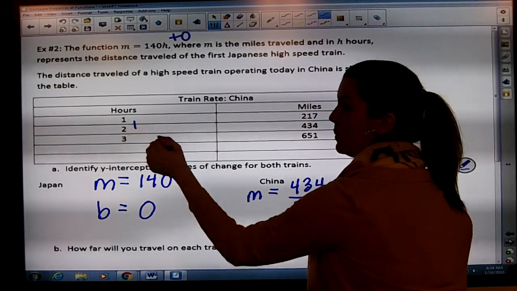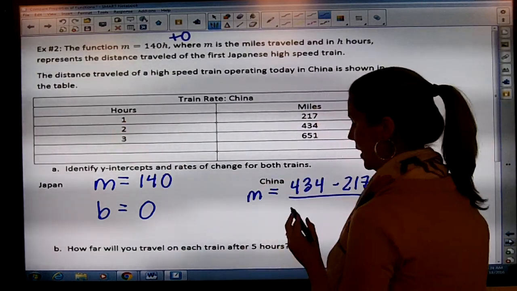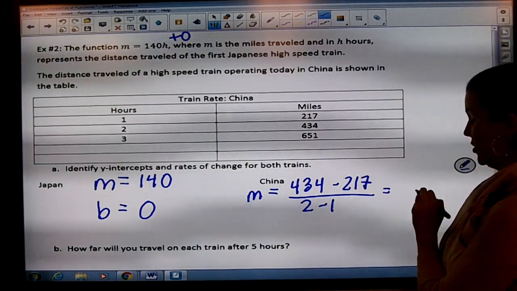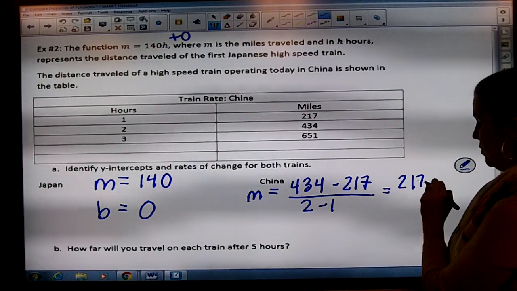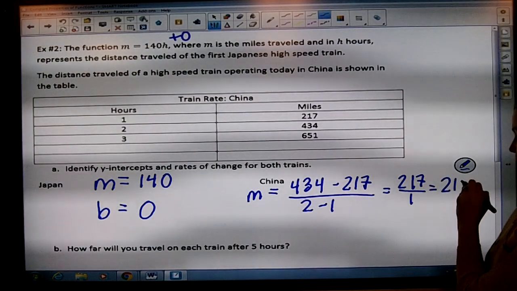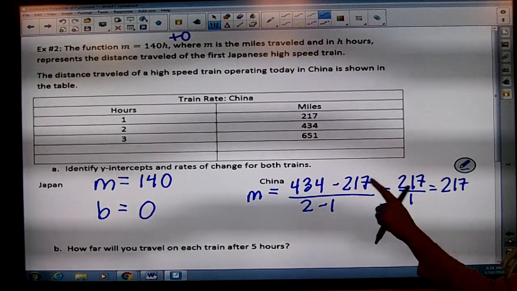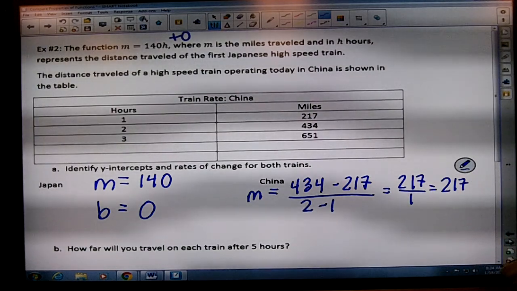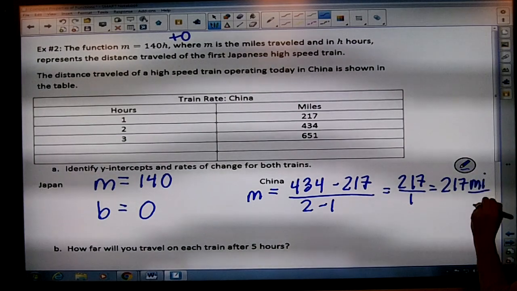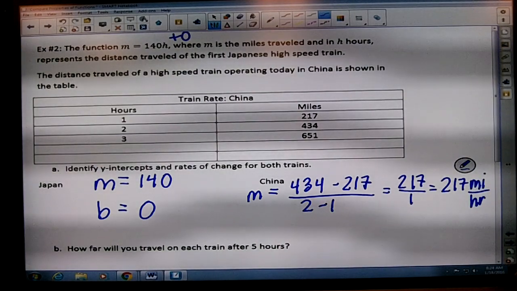And looking at my corresponding x values, 1 and 2, I'm going to subtract those also. 434 subtract 217 is 217. 2 minus 1 is 1. So the rate of change for the China train is 217 miles per hour. 217 miles for every 1 hour.